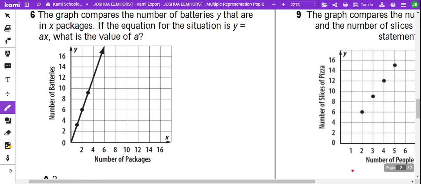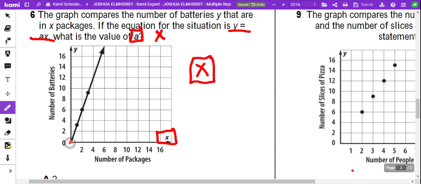Okay, what's the rule? If the equation for the situation is y equals ax, what is a? So a is the multiple. What is it multiplying by? So first we're going to start with x, and then we can come over here.